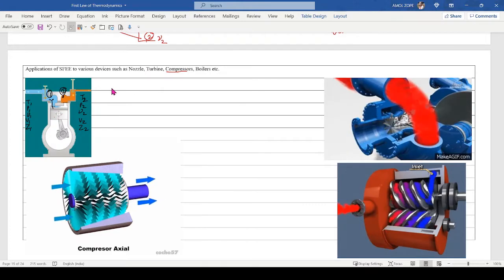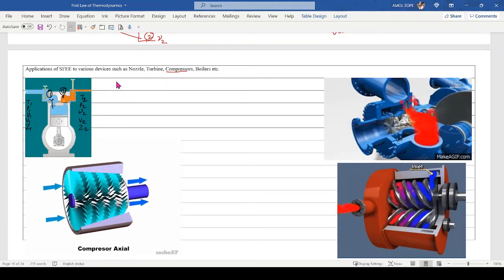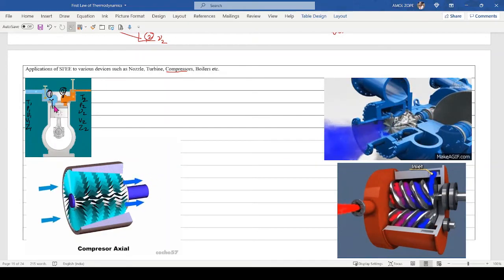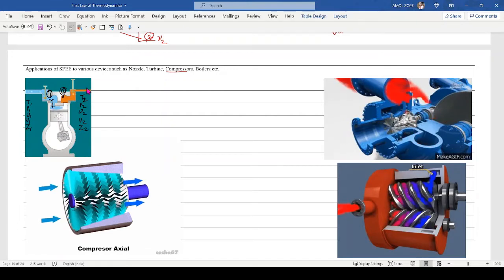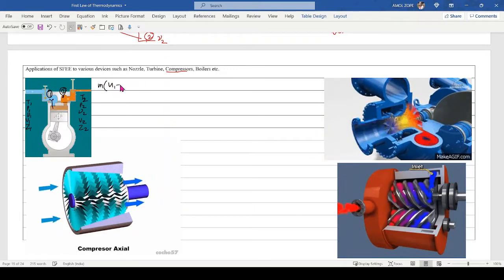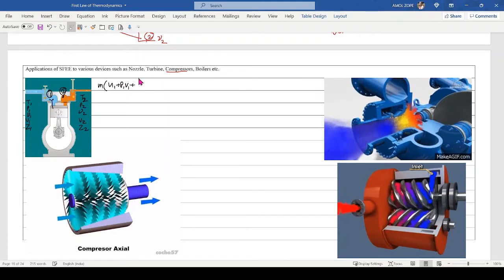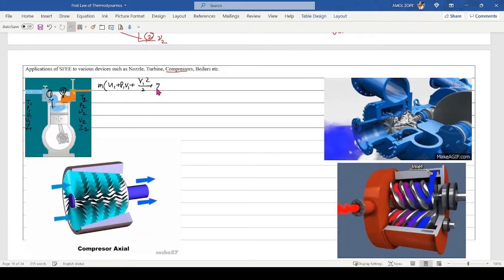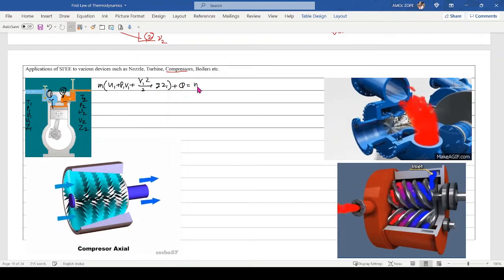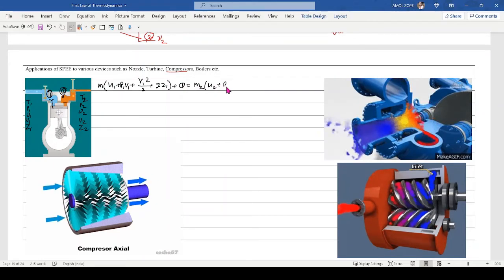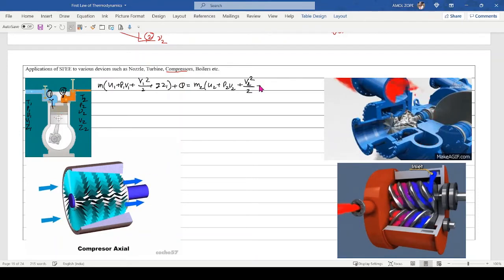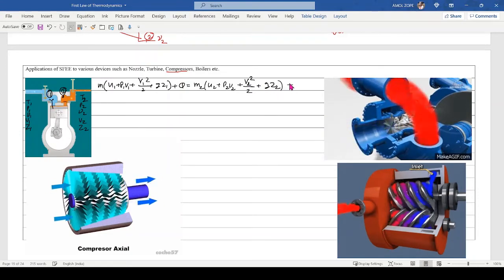So finally, what I can write down is, now this is a steady flow, so mass entering will be mass exit. So let us say mass entering is m1 (u1 plus p1 v1 plus v1 square by 2 plus gz1) plus heat transfer is equal to m2 (u2 plus p2 v2 plus v2 square by 2 plus gz2) plus w.